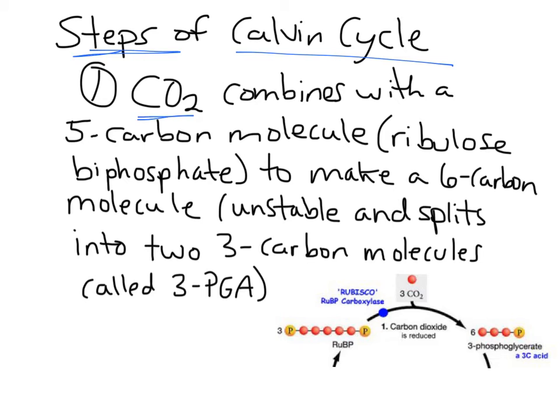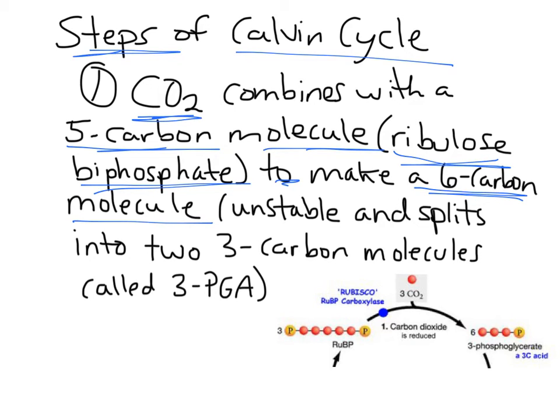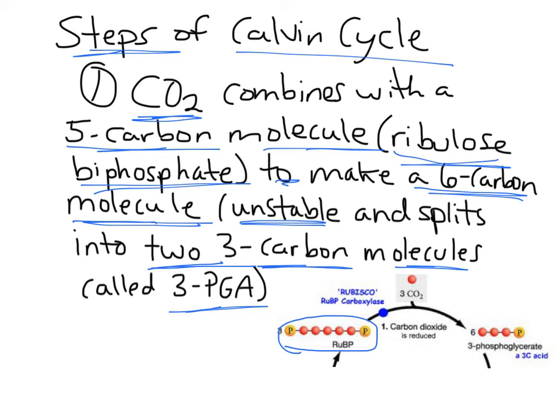The first step, carbon dioxide combines with a 5-carbon molecule called ribulose bisphosphate, or Rubisco, to make a 6-carbon molecule. However, this 6-carbon molecule is very unstable, so what it does is it splits into 2 3-carbon molecules called 3PGA. So here's your Rubisco, or your ribulose bisphosphate.